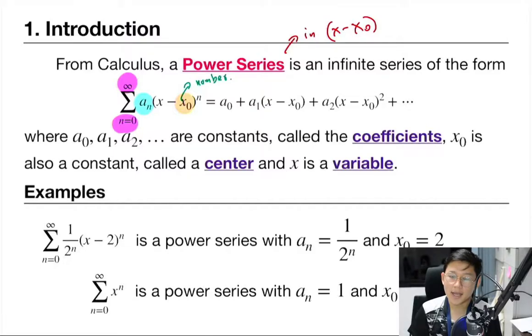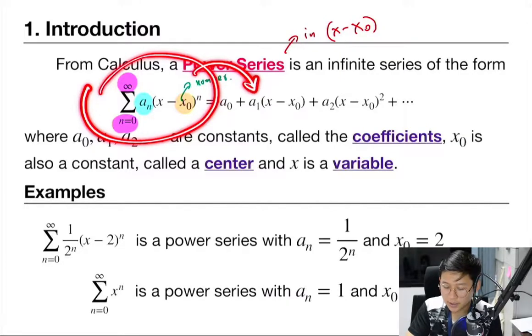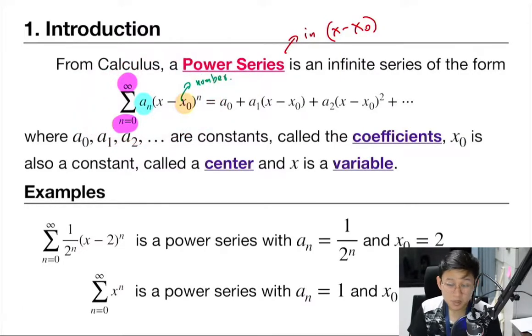If you want to look at this in an easier form, but harder to write, it would be this form. Basically you begin with n equals 0. When n is 0, you get a0 times (x minus x0) to the 0, and that is 1.